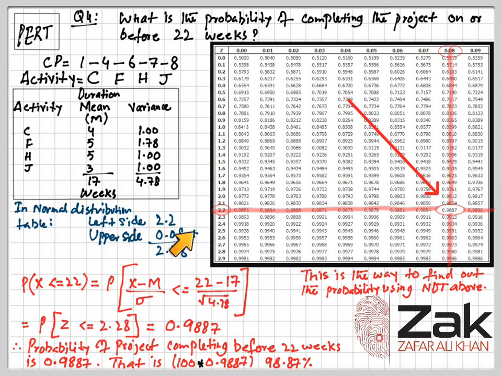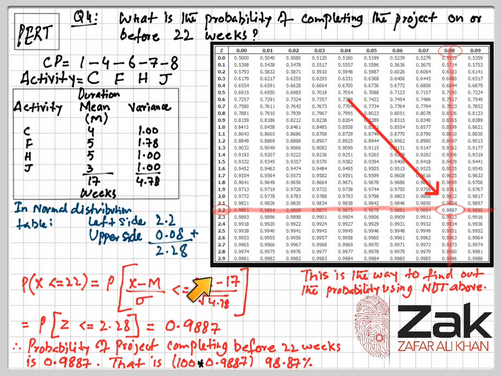Now to find this we will be using the standard distribution table, and we find the value at the cross section of 2.2 and 0.08. So we cannot have 2.28 directly in the table.